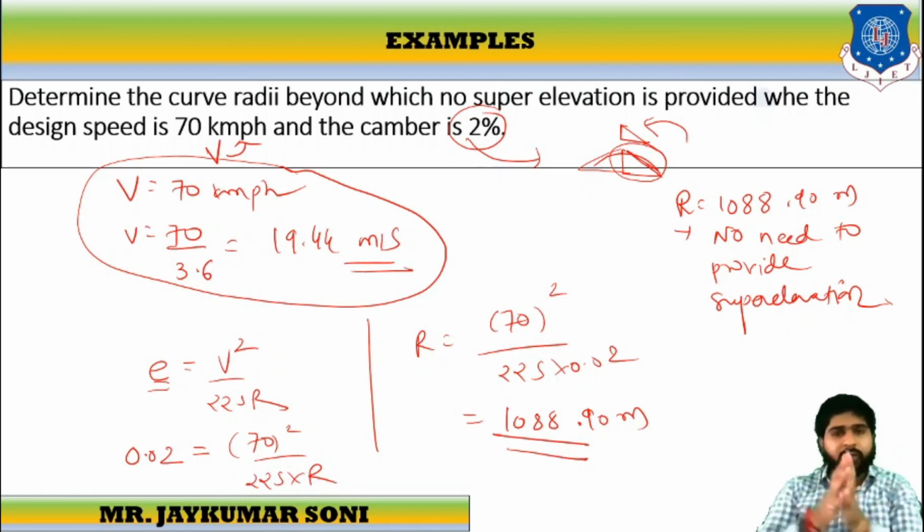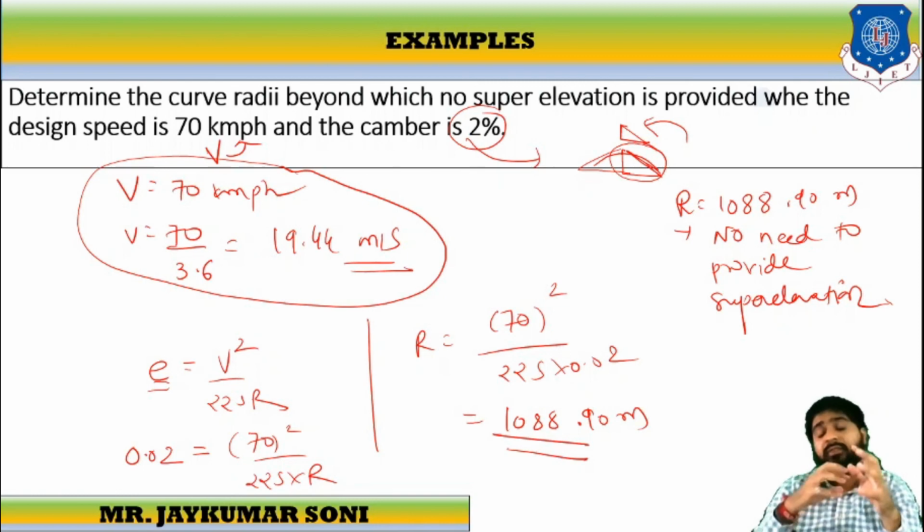And we have calculated how super elevation can be designed. We have learned the criteria of F, that it should not be more than 0.15, E should not be more than 0.07. But in case of plain and rolling terrain, if mountainous is there, then it will be 4%. If urban area is there with intersections, it will be 10%. So this is how you can get thorough with the examples of super elevation.